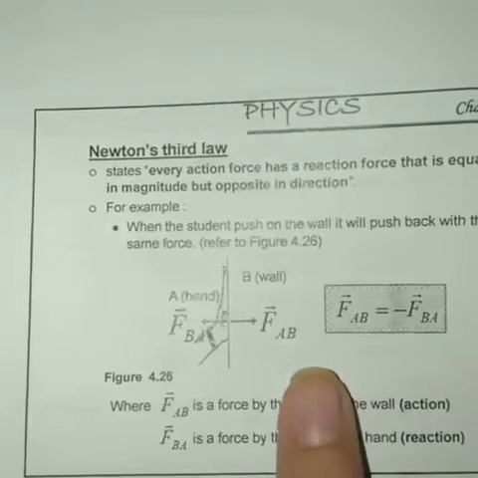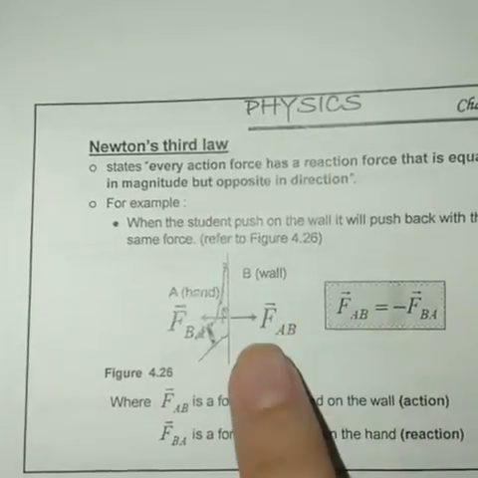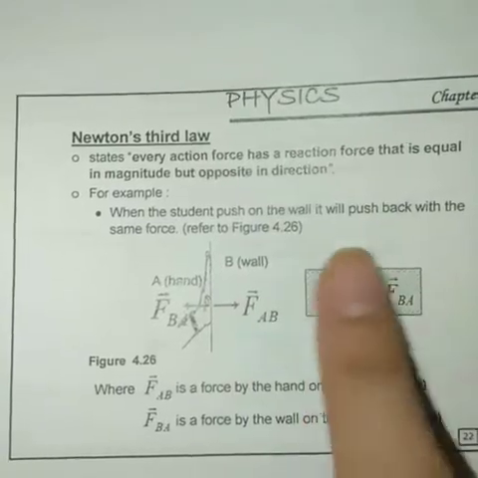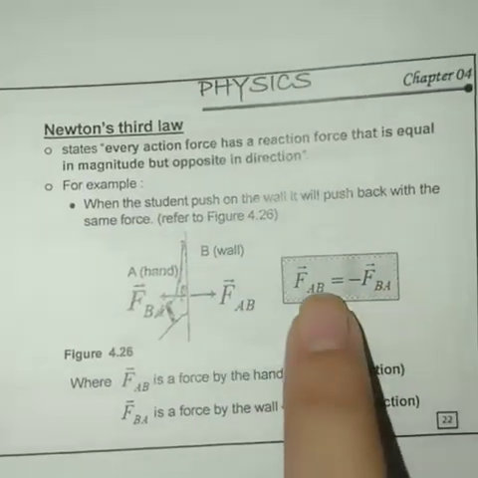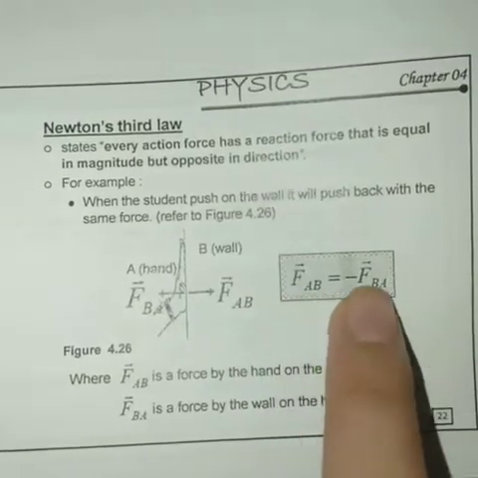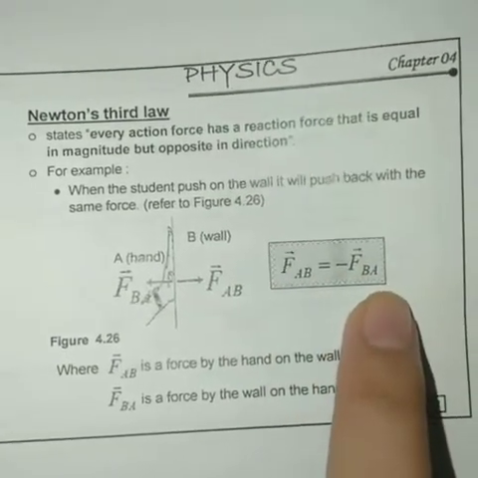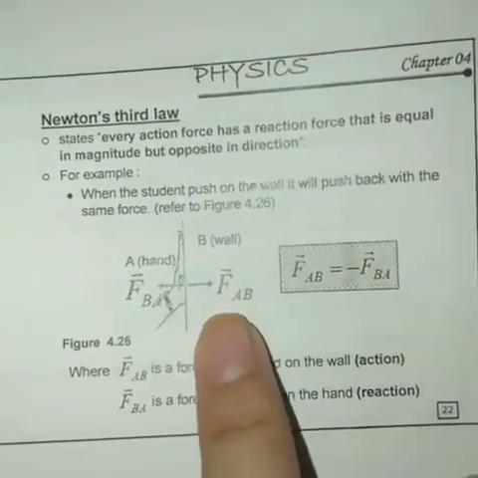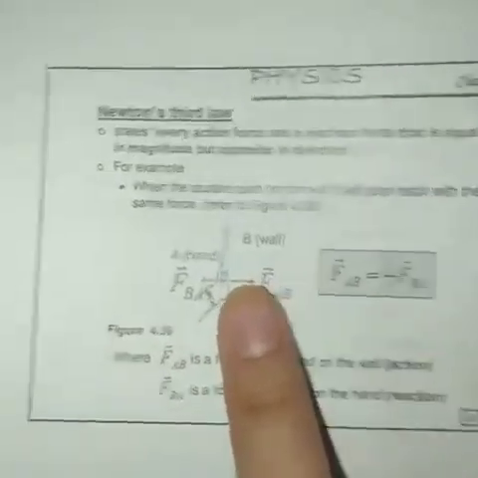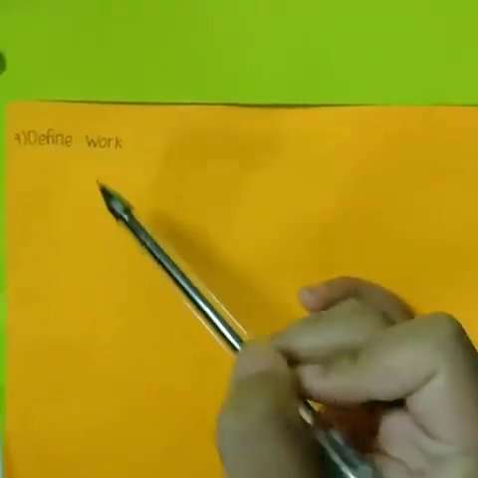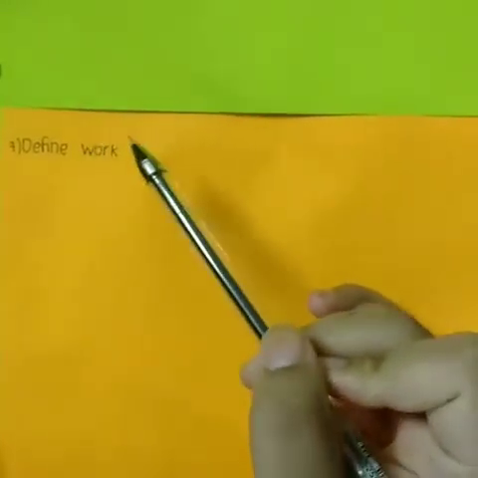So this third law, FAB equal to negative FBA. So it is opposite in direction. Yes. Okay, we done. Okay, for question 7, we need to define work.